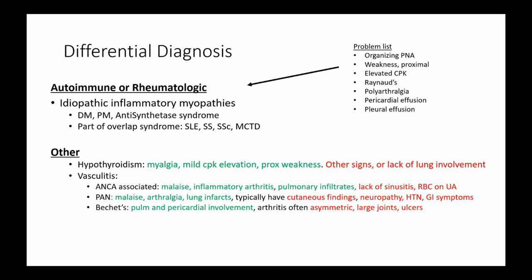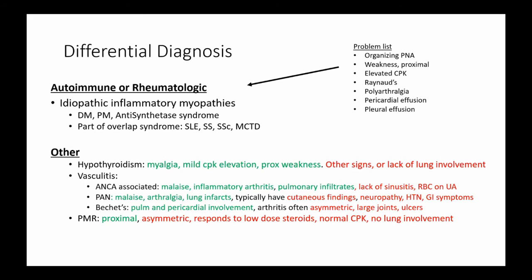PAN, polyarteritis nodosum, can also give you malaise, arthralgia, but it's more of a lung infarct, I guess you could say. And you would expect to have cutaneous findings, some neuropathies, hypertension, GI symptoms. Behçet's can do several of these, but typically the arthritis is going to be larger joints and associated with ulcers.